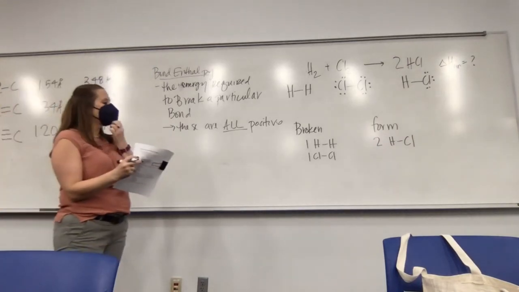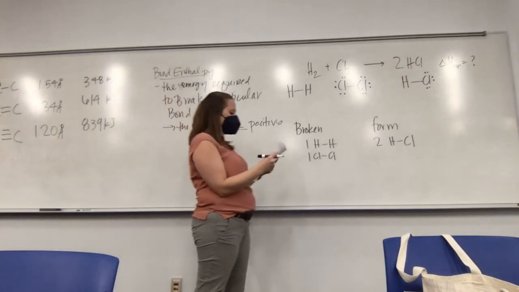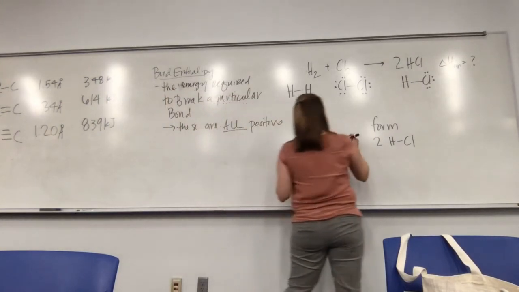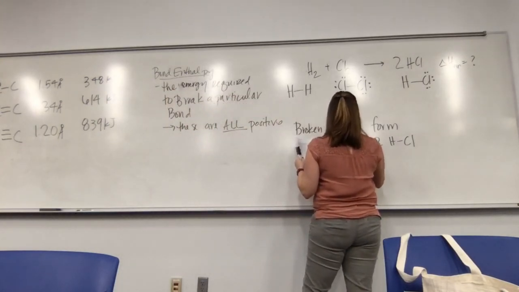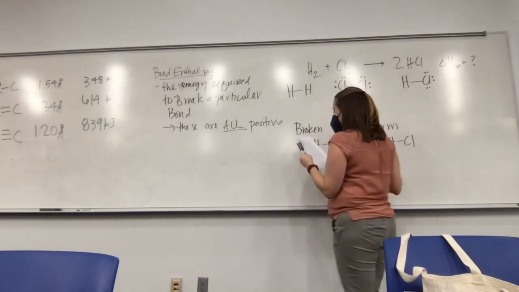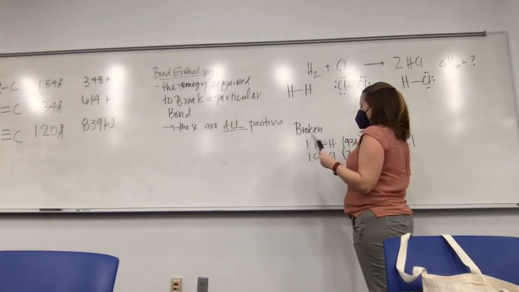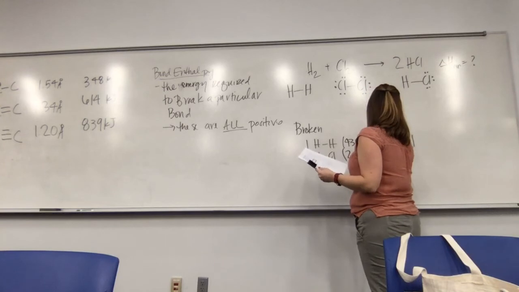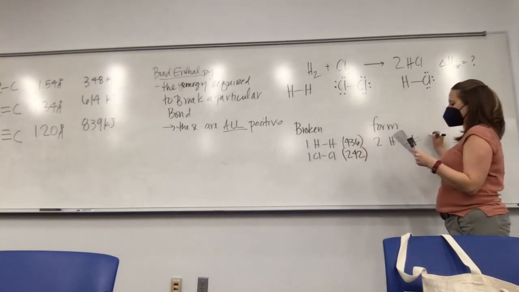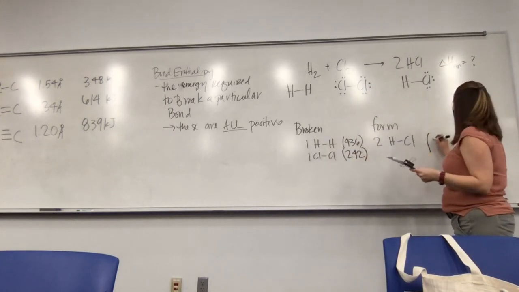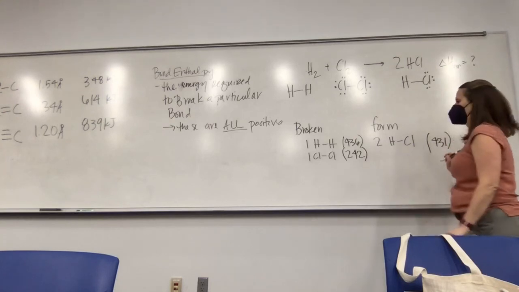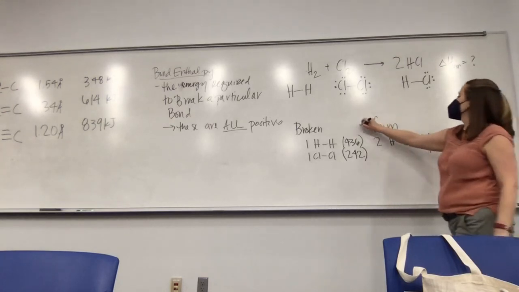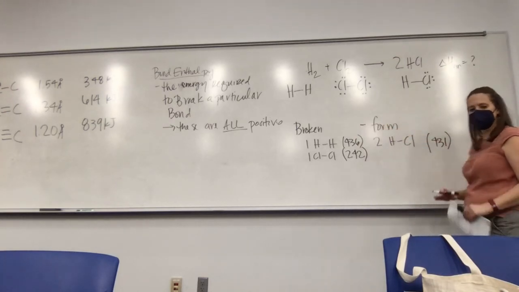So using this information, we could say, all right, HH is 436 kilojoules, and the Cl-Cl bond is 242, and the HCl is 431 kilojoules. So we want to subtract broken minus formed.